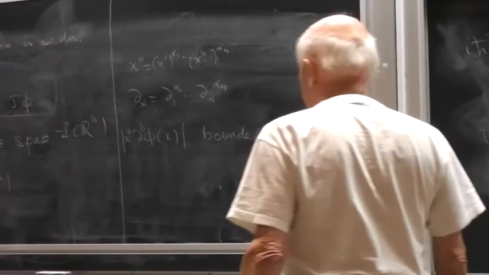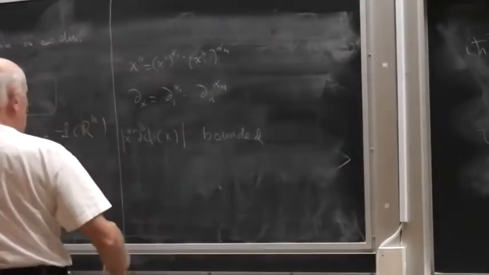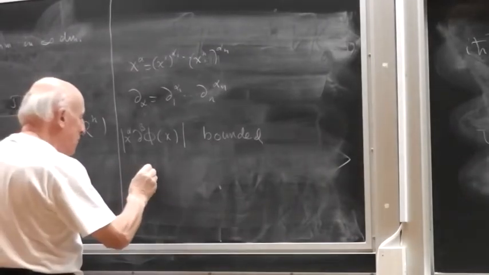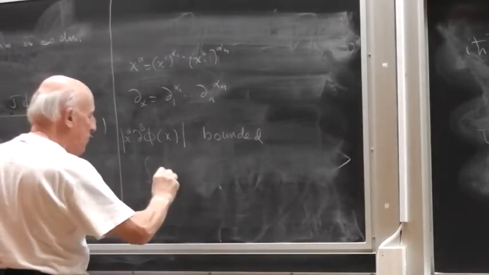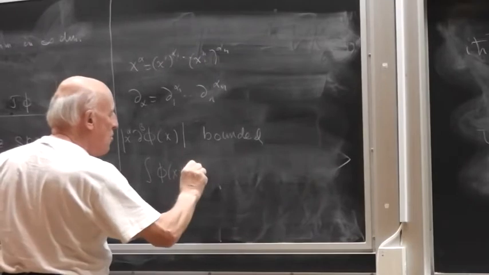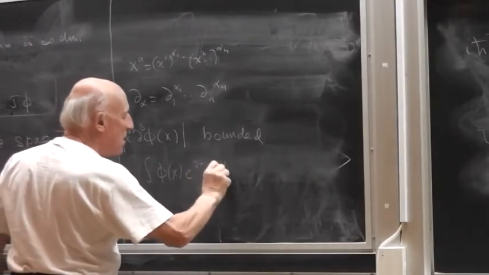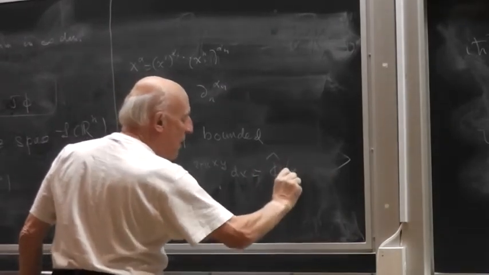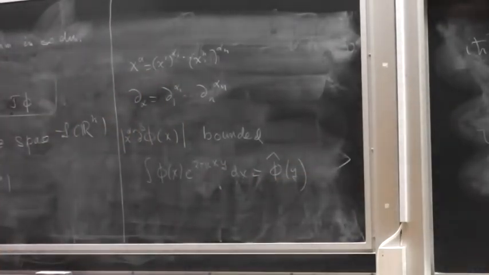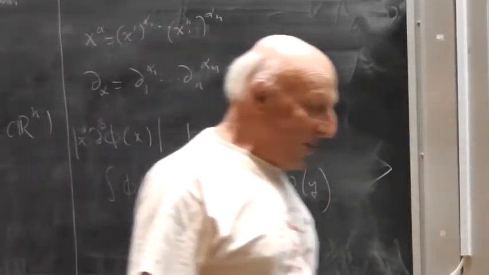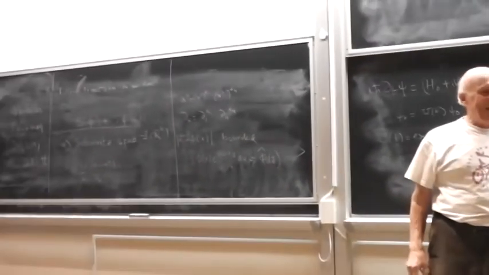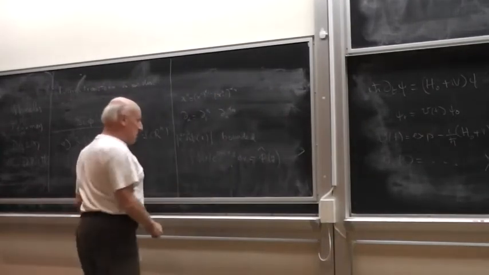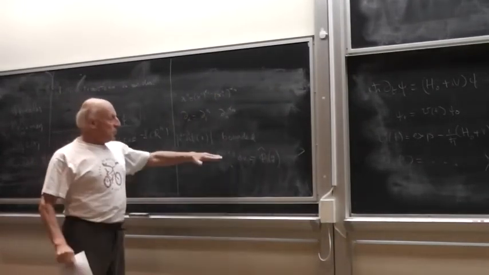So it's a definition. The caveat is that my Fourier transform is always normalized by the integral of phi of x e^(2 pi i xy) dx. This is phi hat of y. Why is this 2 pi i? Because I've done number theory, and the Poisson summation formula is expressed in a neater way with 2 pi i.